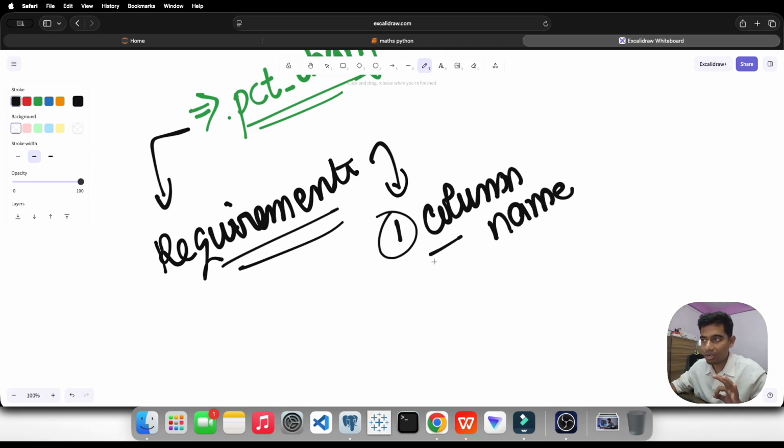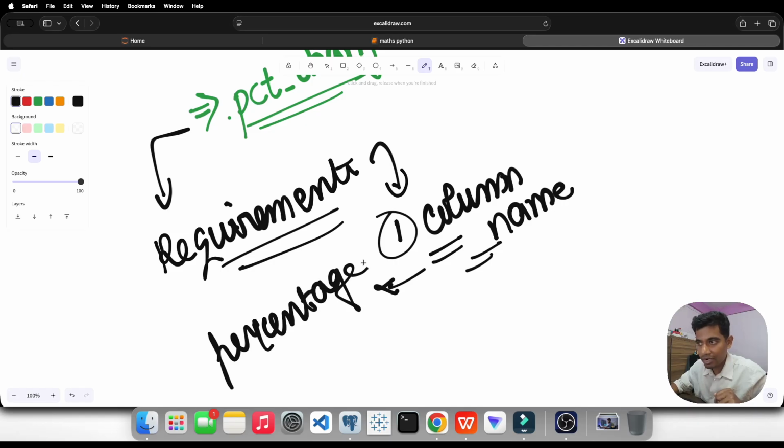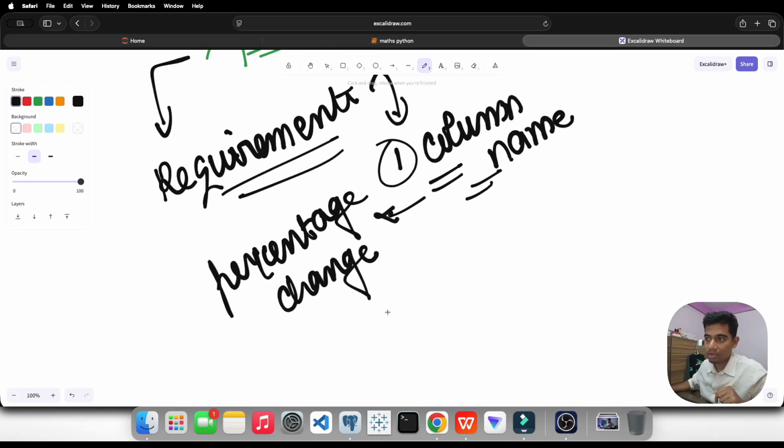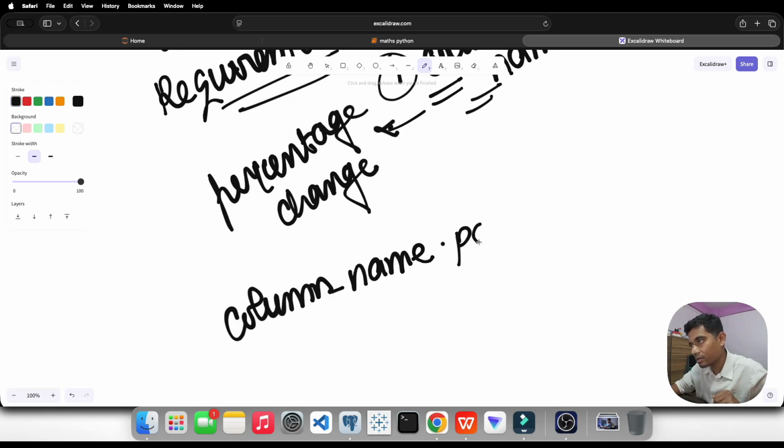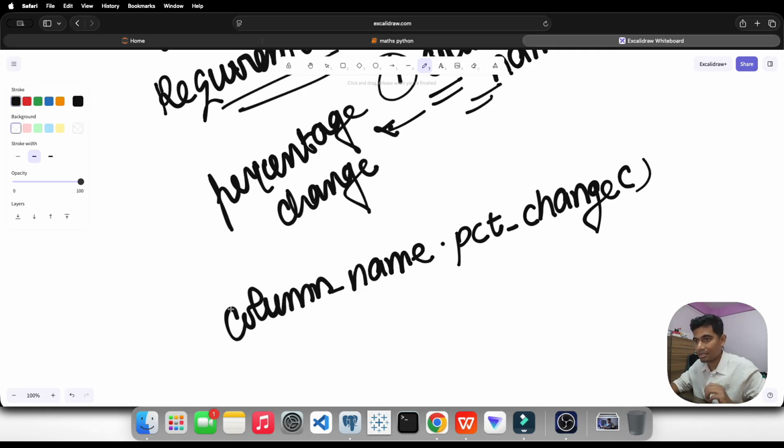Whatever column you need to take care of to find the percentage change, you need to write the column name. So it goes like that: column name dot pct_change, open and close parenthesis, okay.